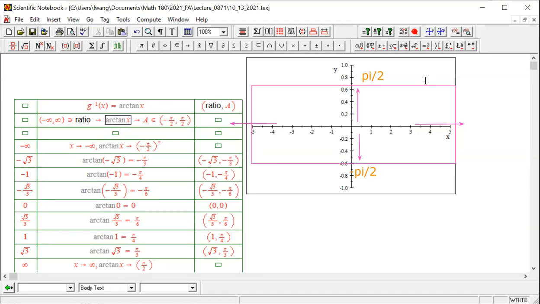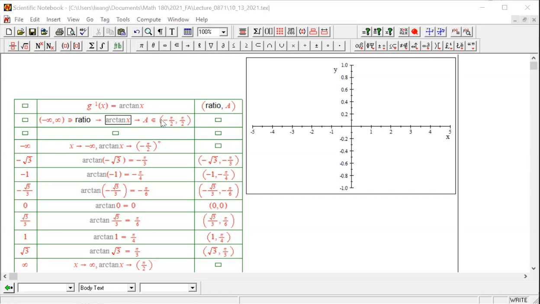But vertically, it is bounded. That's what you can tell. Now with that said and done, I can draw some pictures. I'm going to draw the boundary. The output is always between negative pi over 2 and pi over 2.